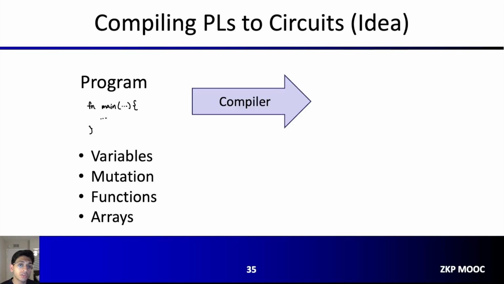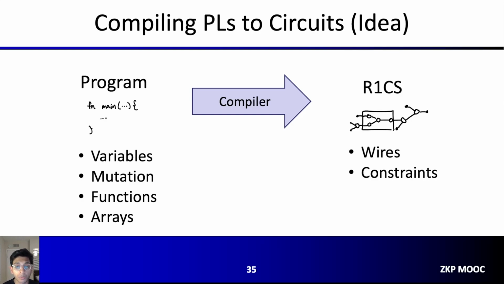And then we would throw this at a compiler whose task would be to take this textual representation and spit out R1CS, which consists of the familiar wires and constraints and variables and so on. So this is the high-level idea, and let's take a look at how this manifests in one of the most popular ZK programming languages called ZoKrates.